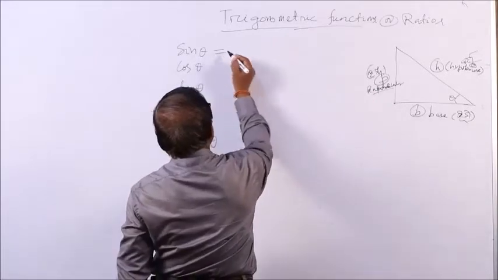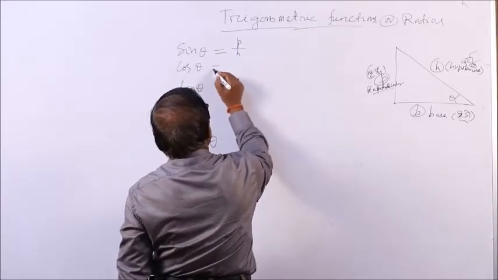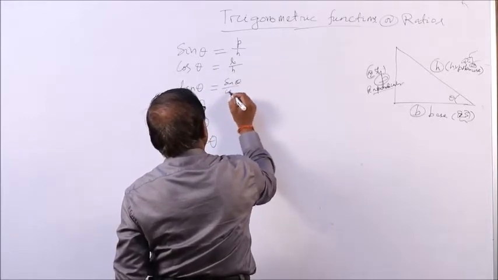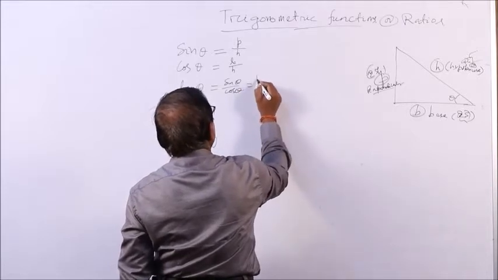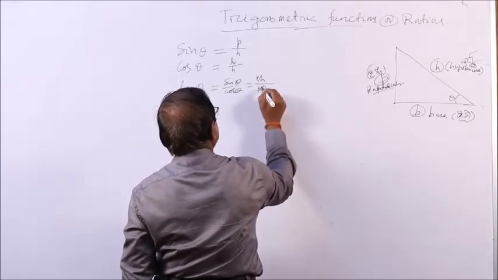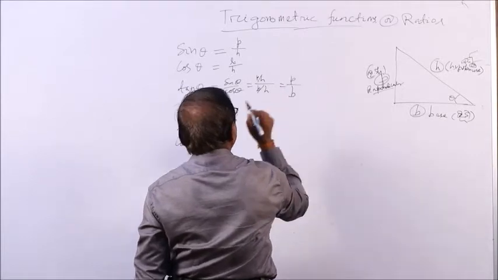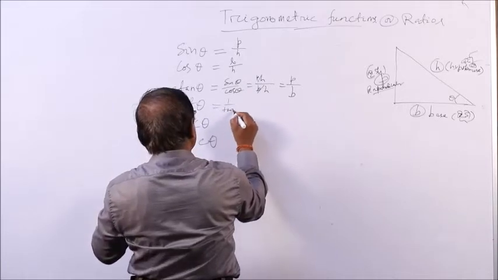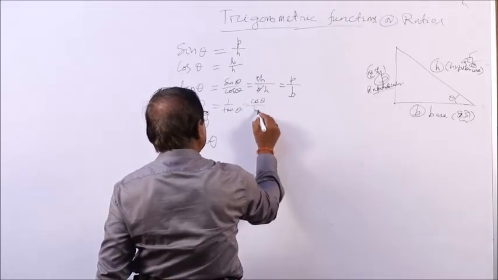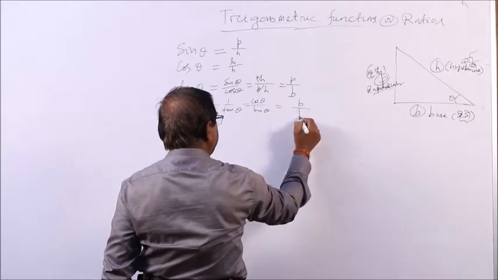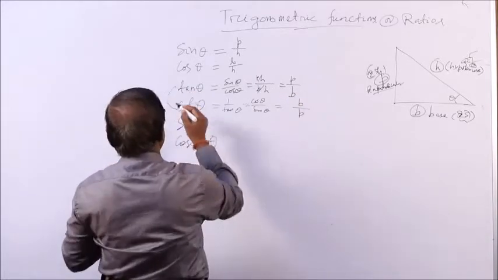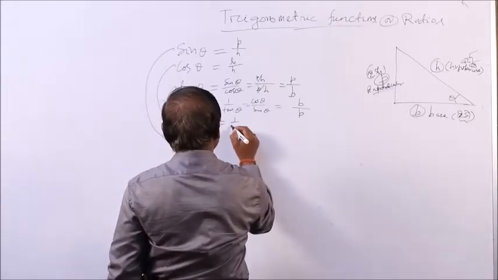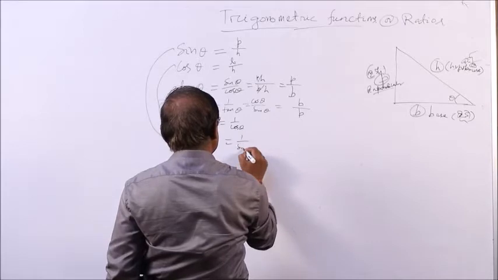So sin theta is P by H, cos theta is B by H, tan theta is sin theta by cos theta, that is P by H by B by H. So H cancels, this becomes P by B. And this is the reciprocal: cot theta is 1 by tan theta or cos theta by sin theta, or simply B by P. Similarly, sec theta is 1 by cos theta and cosec theta is 1 by sin theta.